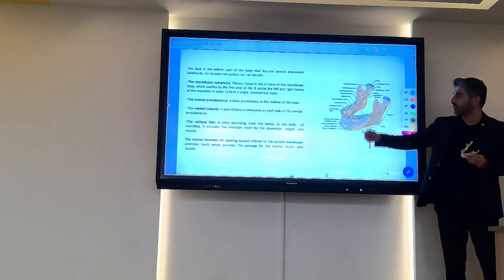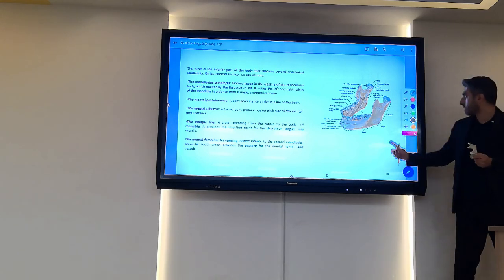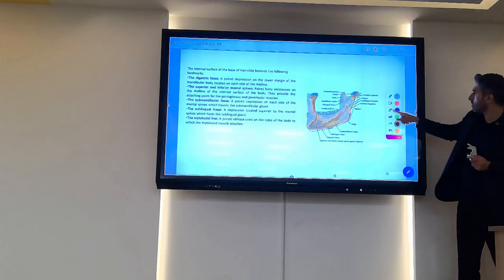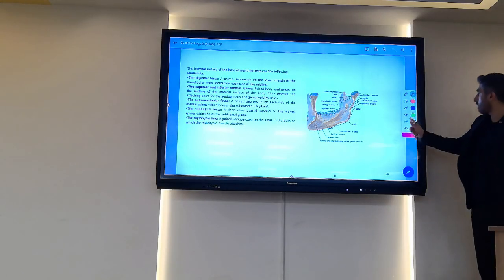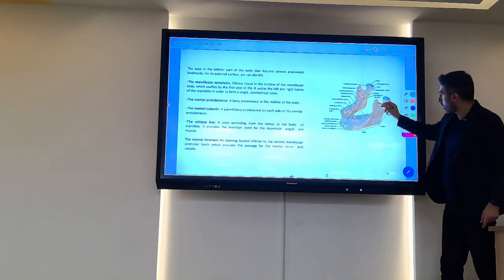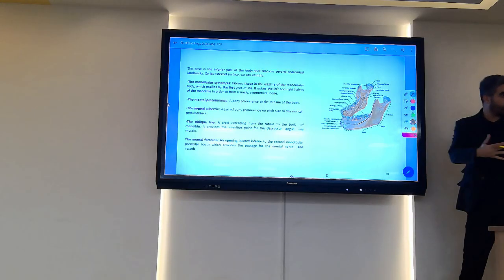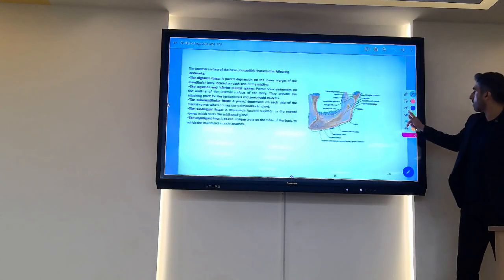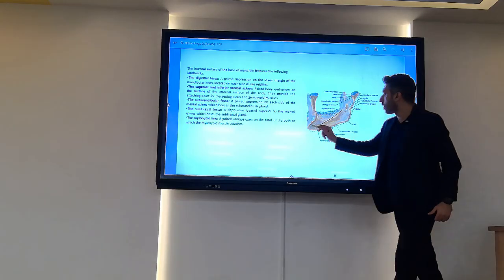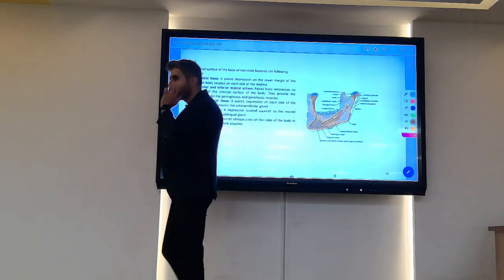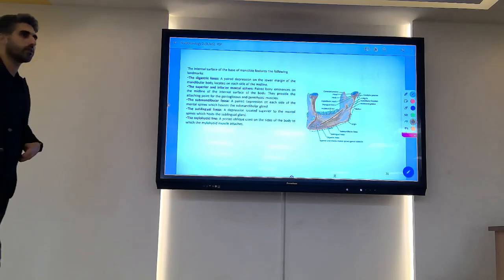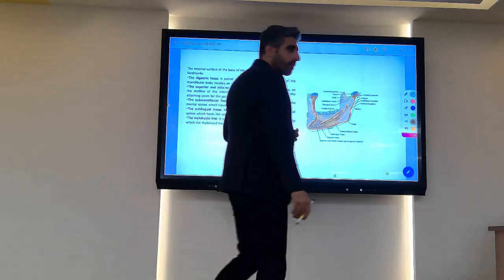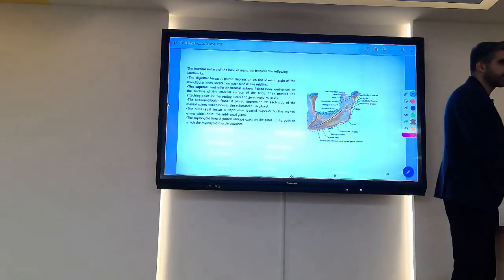Let's see inside of the body. What do we have inside of the body? Like the oblique line here, you have one line inside, and this line is the mylohyoid line. Why? The name of this line is mylohyoid. Mylohyoid muscle, where is that?